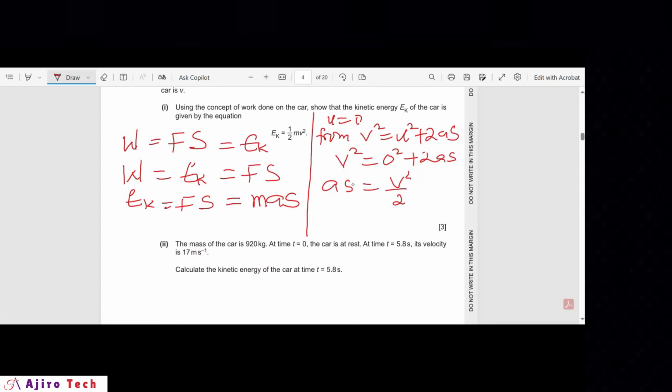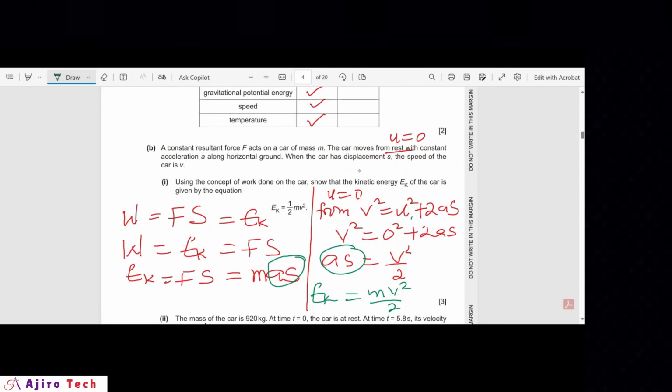So anywhere you see as, I'm replacing it, and our kinetic energy is going to give me mv squared over 2. And that's what we have to prove. As simple as that. What are the keywords? Just remember the particular formula, and according to the question, from rest. So that's how it happens.